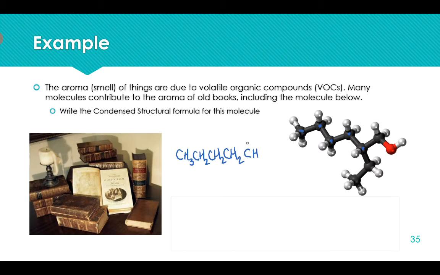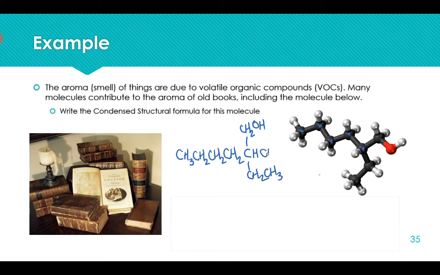I am allowed to write that branch that comes off of it up above or below, it doesn't matter. I could also continue that part in a straight line and then move that coming down below. You have options, and it's okay. So this has a CH2, and that's a CH3.